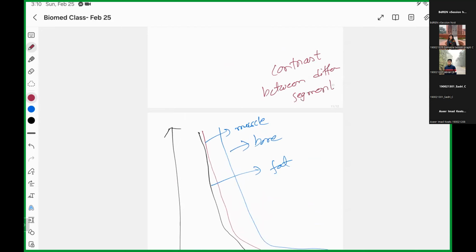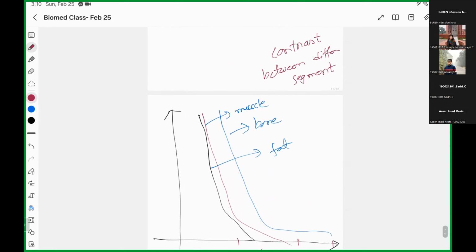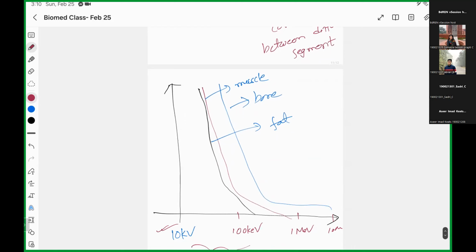If you remember the arm X-ray image that I showed you in the lab, you need to have some contrast between your muscle, bone, fat, everything, so that you can distinguish properly. So you need to find the voltage range in which you have the better contrast.